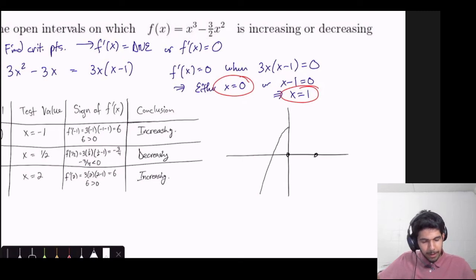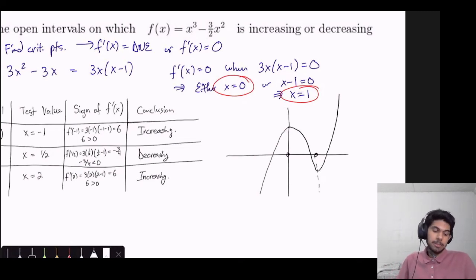Then from the interval 0 to 1, the function is decreasing, so it could do something like that, right? So I've reached x equals 1. And then from 1 to infinity, it's increasing. So maybe the function looks something like that. Maybe it doesn't, but this function satisfies basically what we've said about the intervals. You can actually test it out and see that the function will look something similar to this shape. Just the intercepts might be a little bit different. So yeah, there we go.